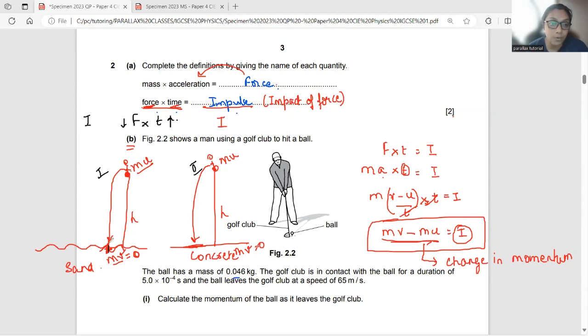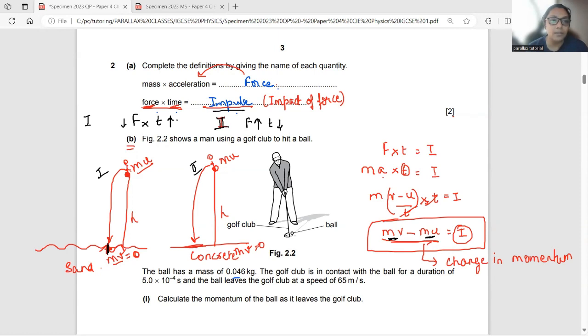Because it's taking more time to come down from mu to mv. On the other hand, in the second case, the force experienced by the kid, or impact of force, would be more because the time is less, so that the impulse remains same. I hope you got the concept here. But anyways, that's what impulse is.